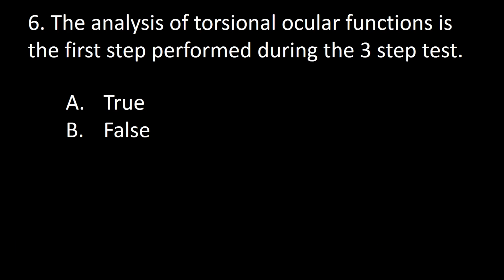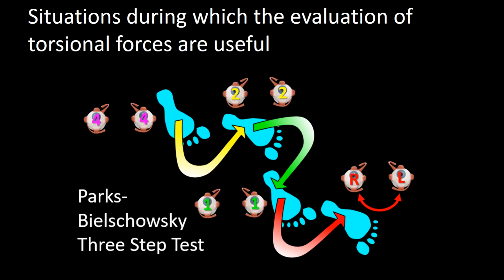The analysis of torsional ocular functions is the first step performed during the three-step test. A true, B false. The three-step test is performed in the presence of vertical misalignment to determine the affected muscle. It is useful in patients with recent weakness of a single vertically acting muscle.